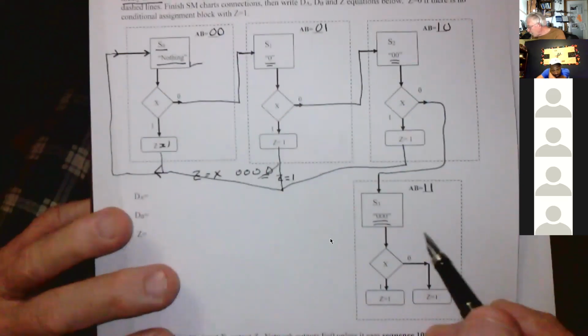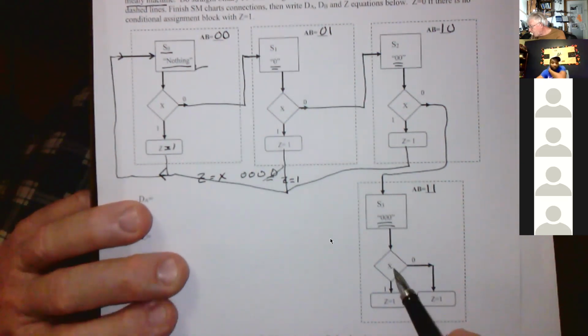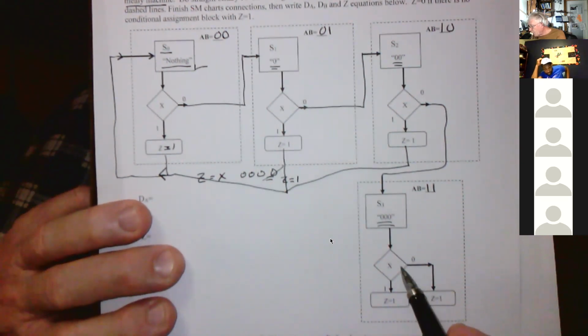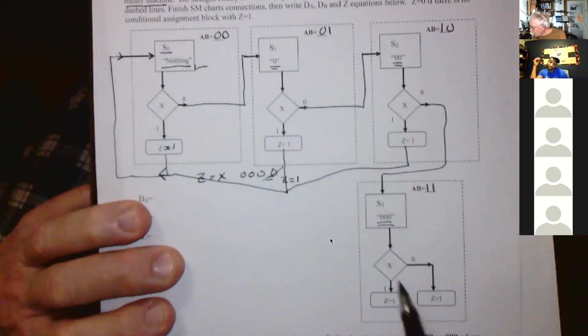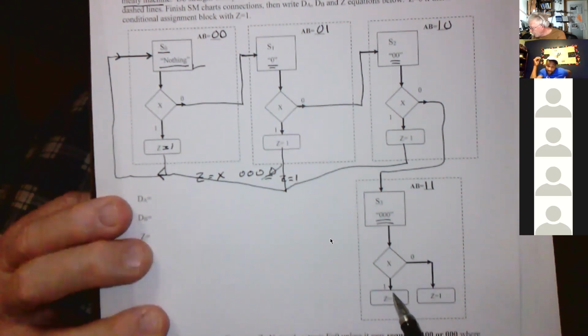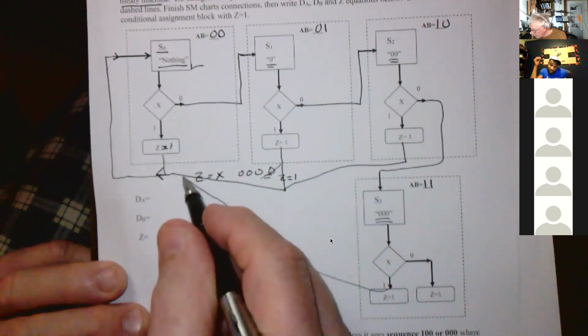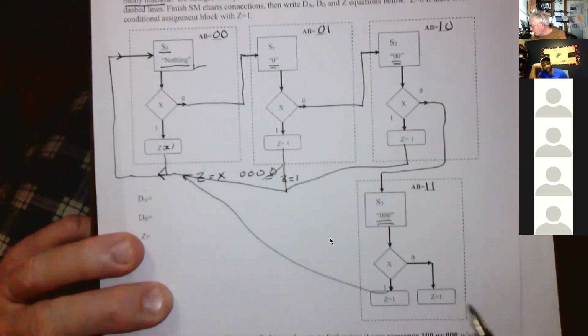Now this is a little screwy, but the next X comes in. Since we're told to reset after the target, let's say we don't get a target, we get a 1. So Z should be 1, and we go back to S0, where we always go. And where do we go if we get a 0? We reset.